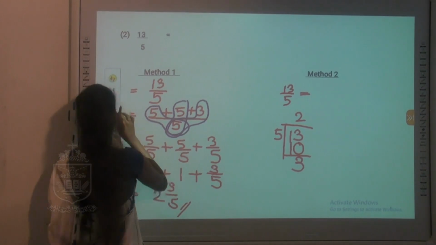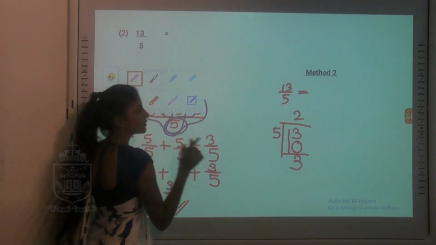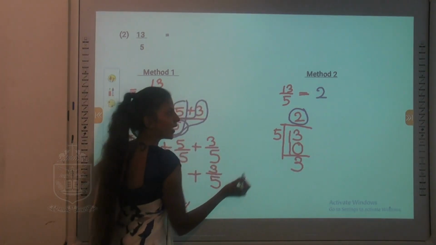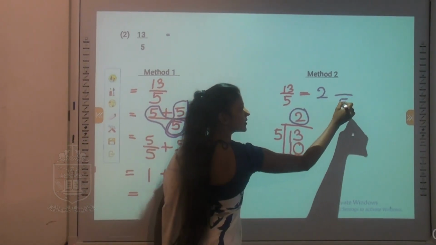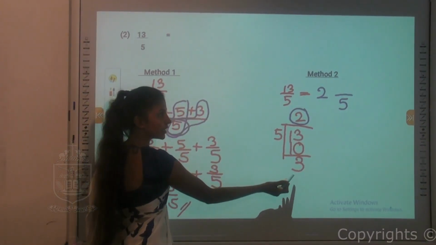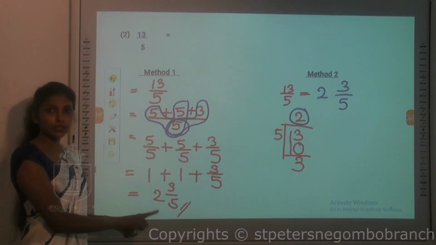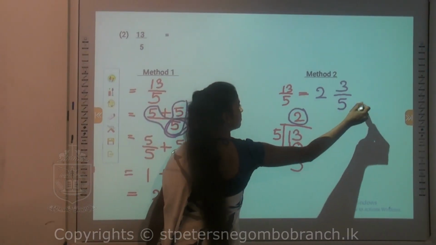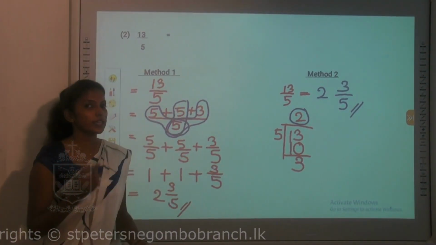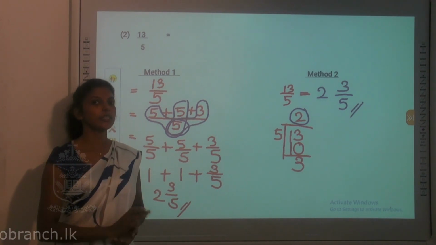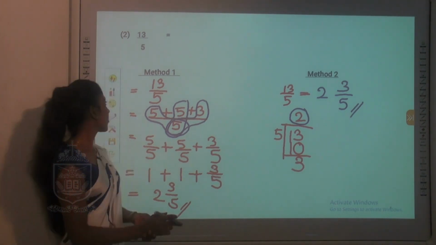What we learned is that this quotient will become the whole number, the denominator will remain the same, and the remainder will go to the numerator. You can see the same answer is obtained in both methods, method 1 and method 2. That is the way of converting an improper fraction into a mixed number.